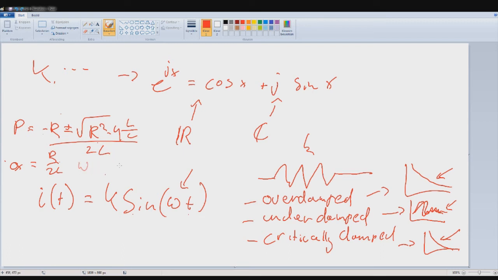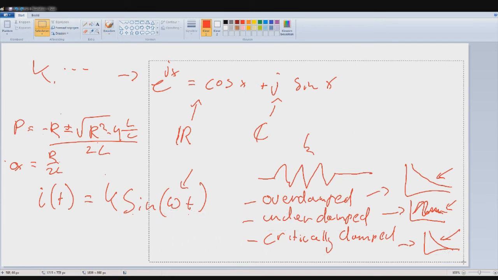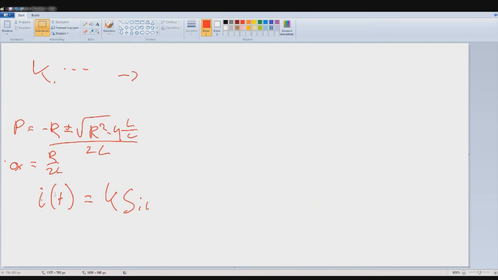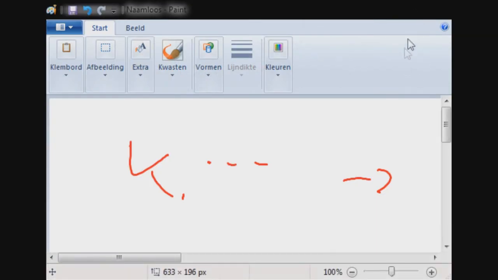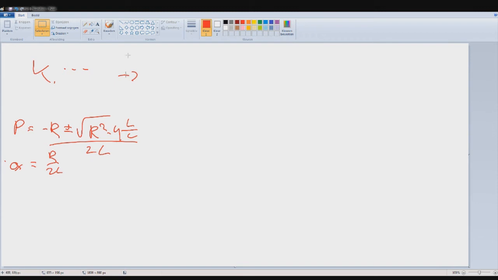Let me clean this a little bit. And we are getting to overdamped and underdamped very quickly. So this becomes 4LC.